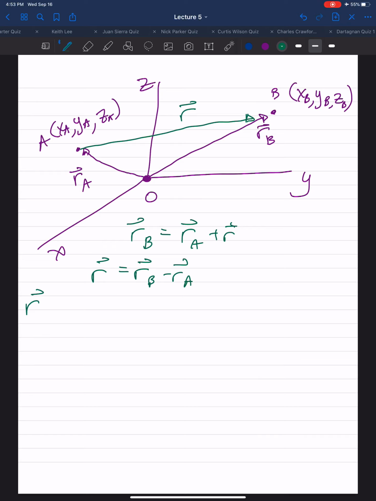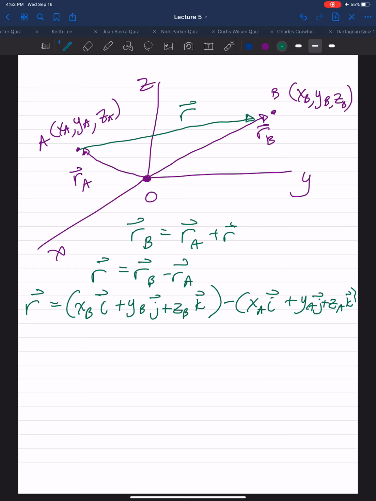So expressing that in Cartesian form, position vector R is the coordinates of position vector RB, so xB i, yB j, plus zB k. Now remember, this is minus the position vector R sub A, i, j, k.